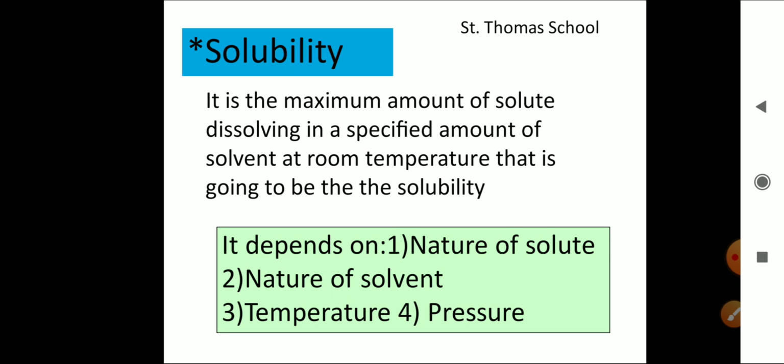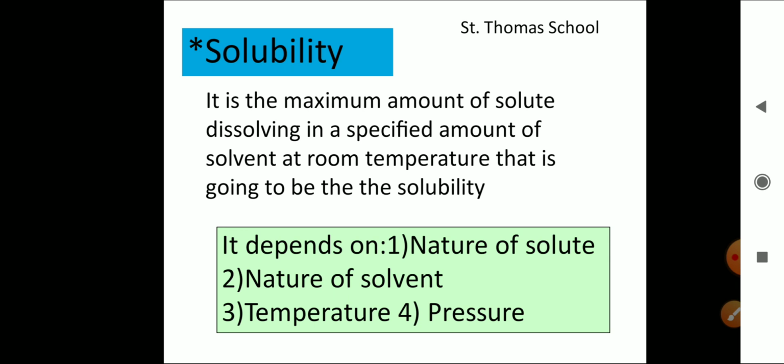So first of all, what do we understand by the term of solubility? What is solubility? Right? So it is the maximum amount of solute dissolving in a specified amount of solvent at room temperature, that is going to be the solubility.